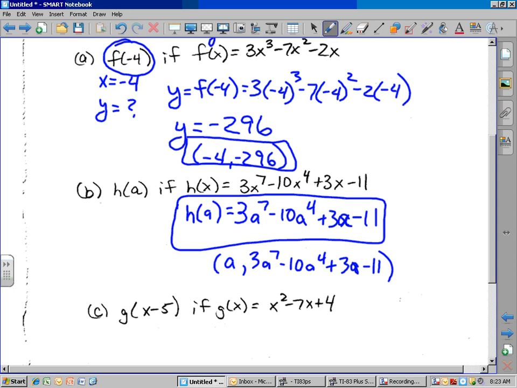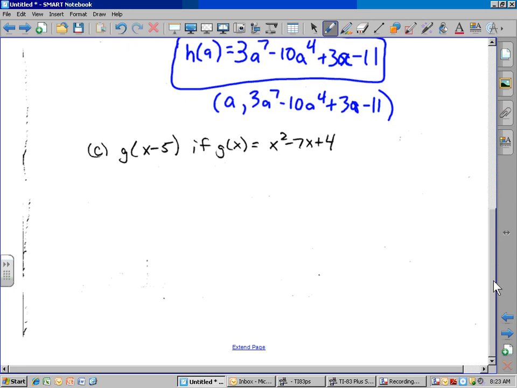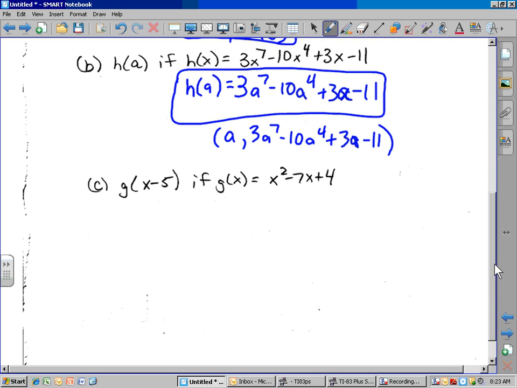Okay, well then someone's going to tell me how to do C then. Since you all understand. What is g of x minus 5 if g of x equals x squared minus 7x plus 4?